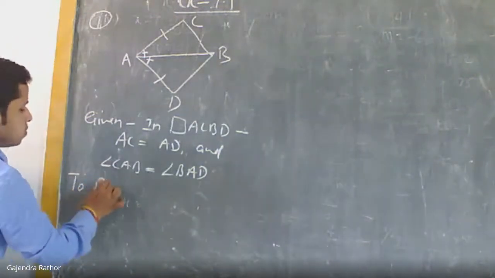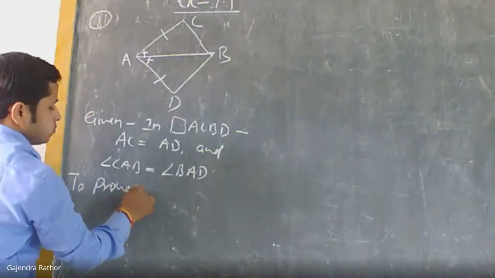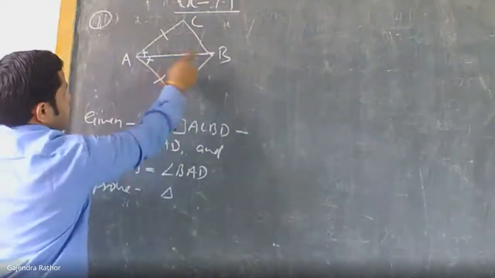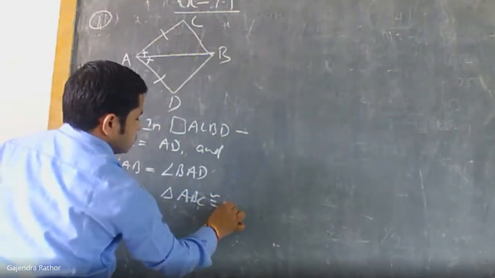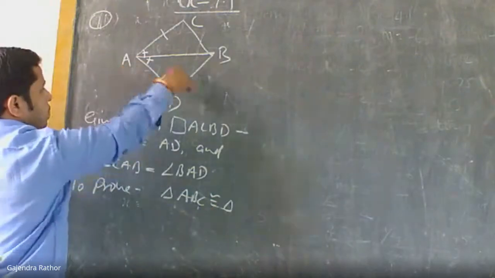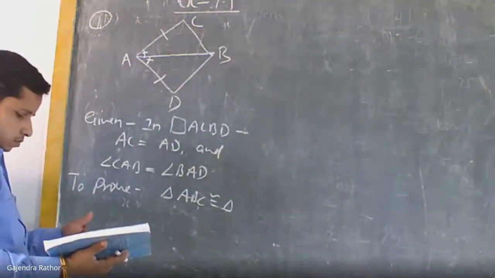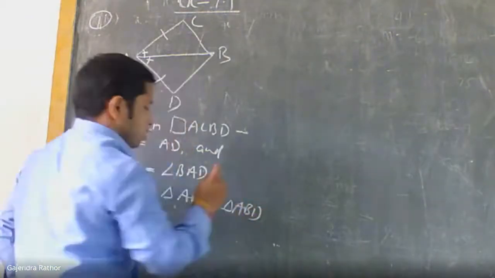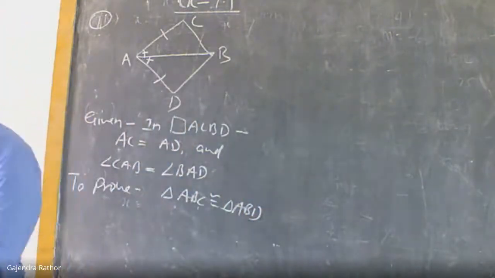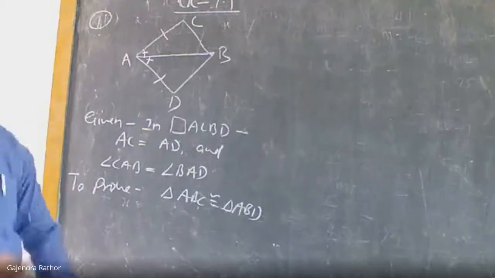So to prove triangle ABC congruent to triangle ABD. Okay, so we need to show that.